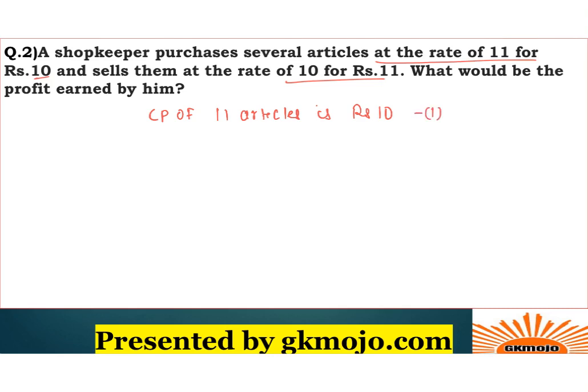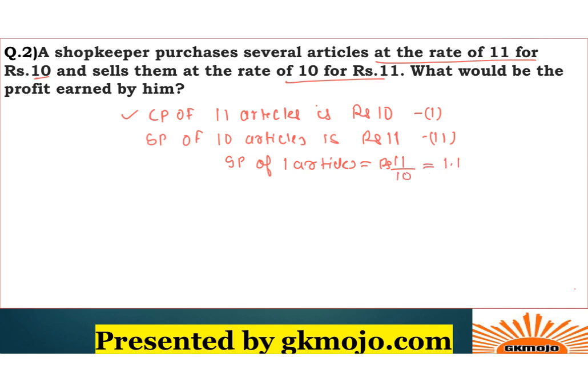Second statement: what he makes is selling price of 10 articles is rupees 11. So what would be the selling price of one article in this case? Selling price of one article will be rupees 11 upon 10, which is 1.1, right?